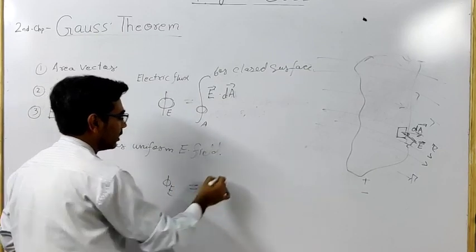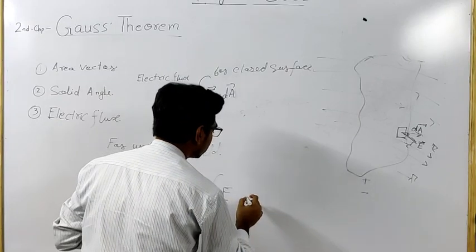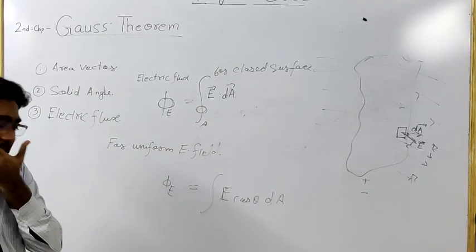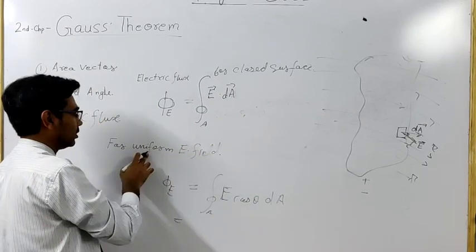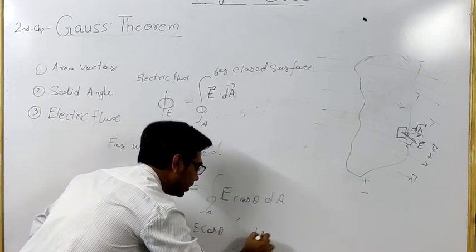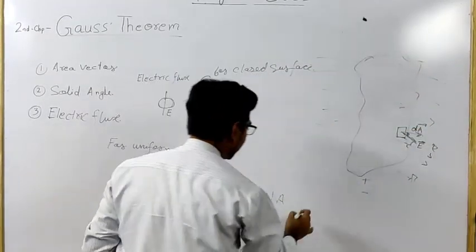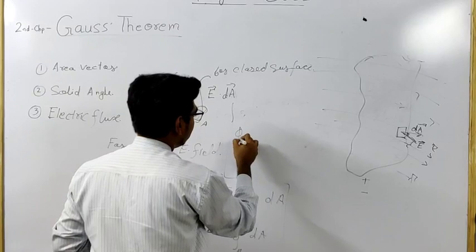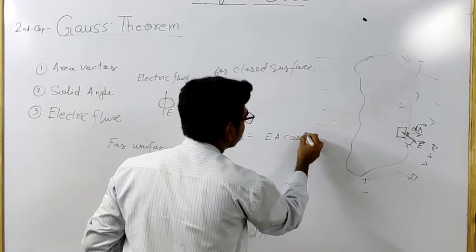So phi E will be E cos theta dA, and only dA will remain inside. If you integrate this, you will get the total area. Finally you will get phi E equals E A cos theta.